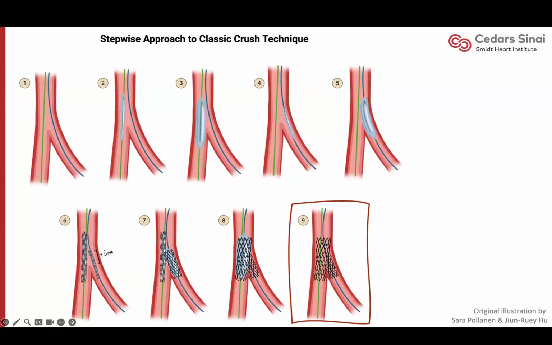In modern day parlance, with the incorporation of kissing balloon inflation and POT, which I'll show you in subsequent illustrations, classic crush, mini crush, and nano crush are considered to be the same technique, varying only by the degree of the side branch stent protrusion: 4 to 5 millimeters for classic crush, 2 to 3 millimeters for mini crush, and 0.5 to 1 millimeters for nano crush.